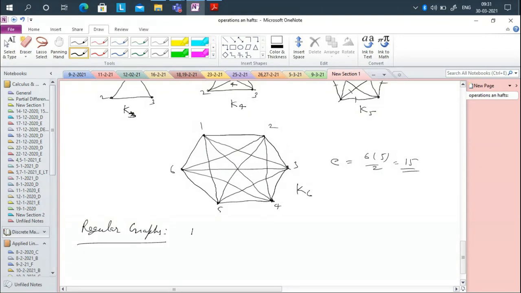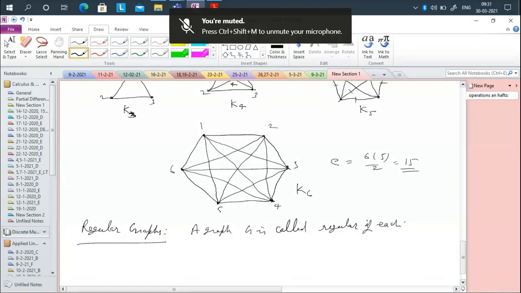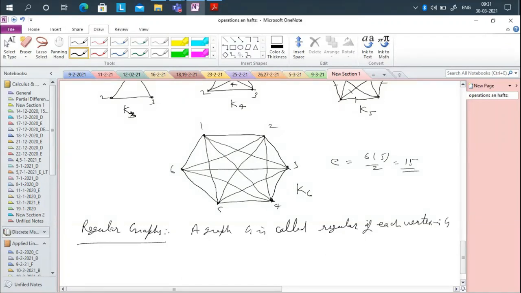A graph G is called regular if each vertex in G has the same degree.